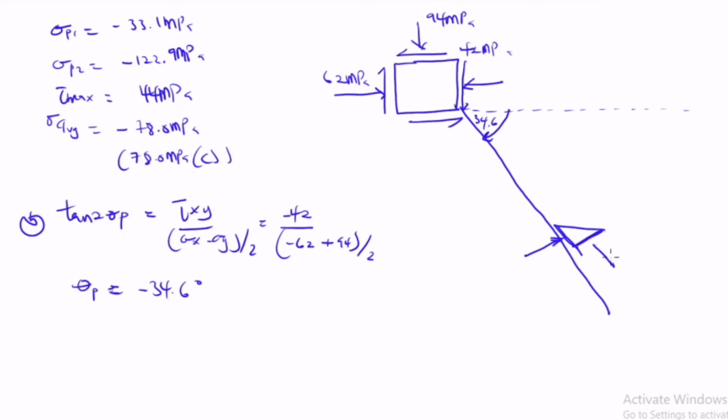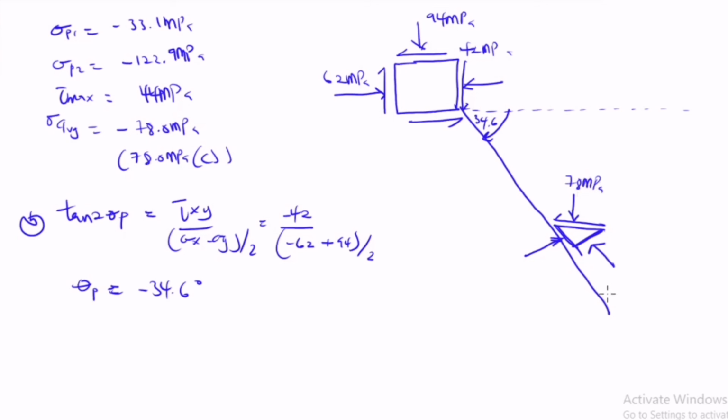This one too, the arrow will be going inside. What was our average? The average was in compression, so the average arrow will be going inside because it's also in compression. And since they are all negative, the tau max also will move down, as I told you. So this will be tau max.